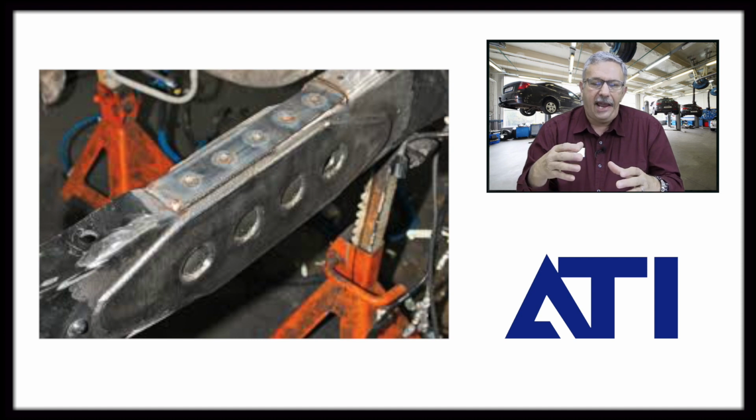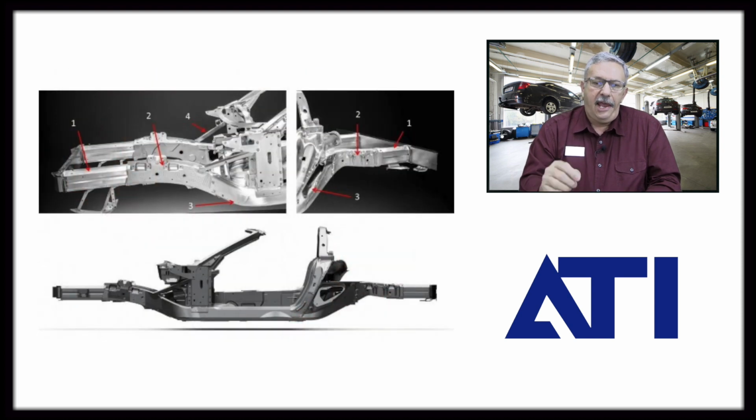The hydroforming has to be repaired in a very specific way with specific cut lines used, and the frames in most cases are pre-marked, so that there's a little mark in it that you would cut down through. Your replacement piece would go up to it, and you can section a new piece onto it.